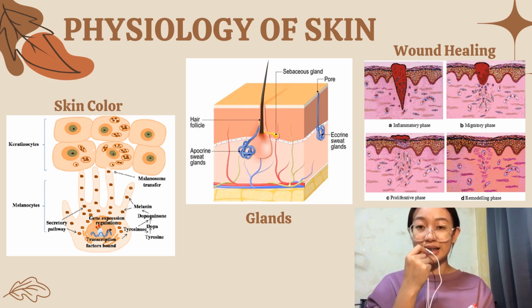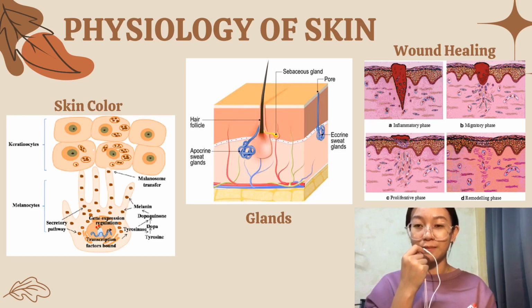And next, the glands of skin. So first, the sebaceous gland. It is responsible for producing sebum, which is important to provide lubricant and moisture to skin. It also can inhibit the growth of bacteria and also fungi.